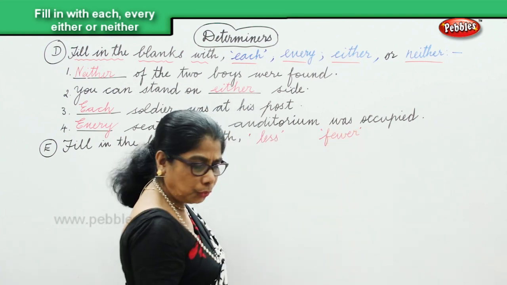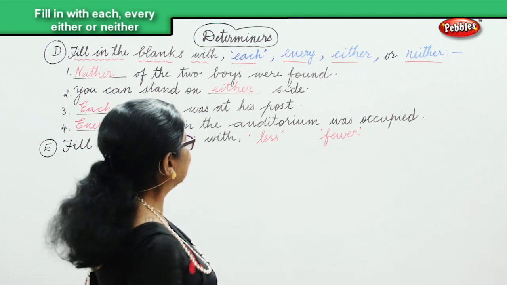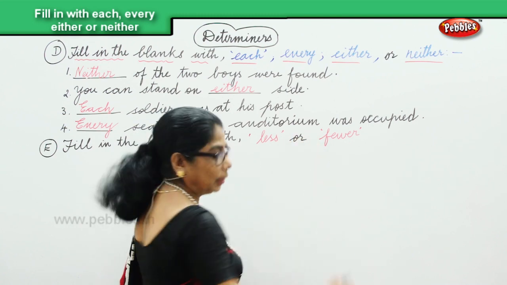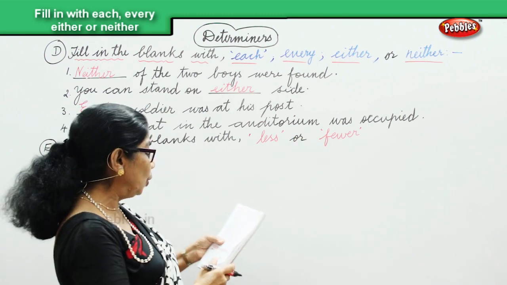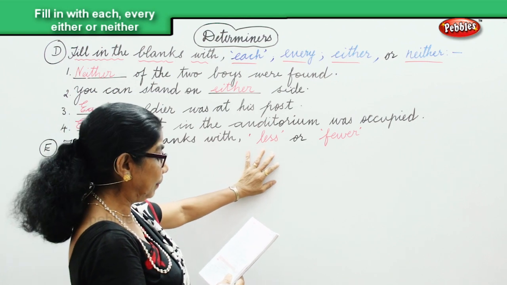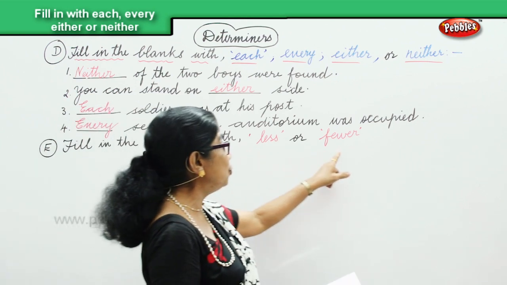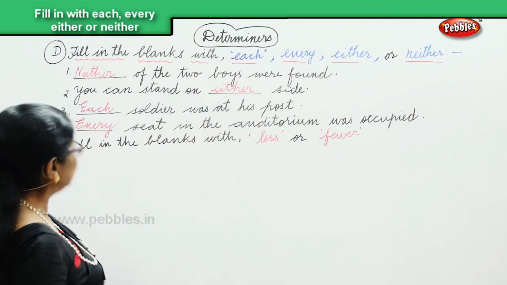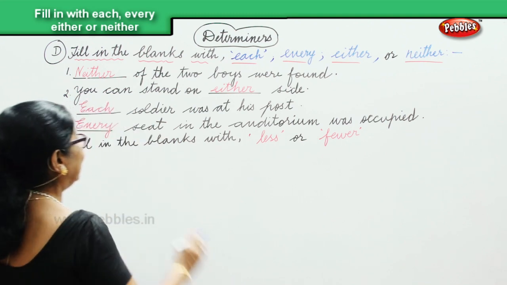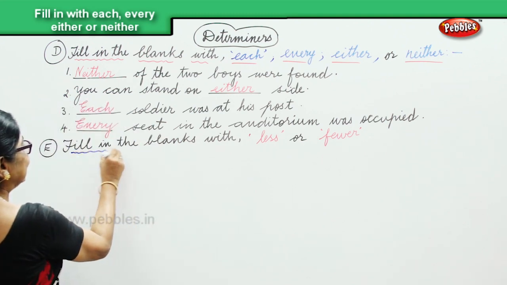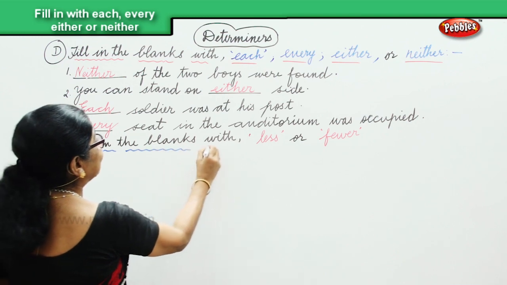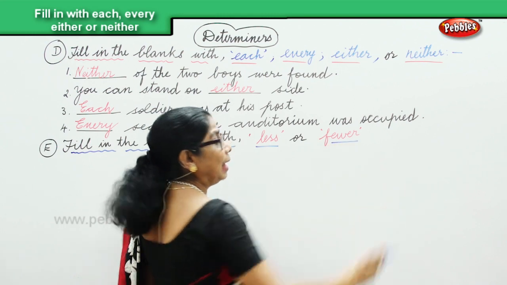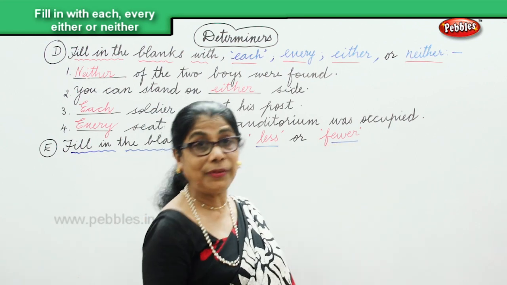Two determiners, less or fewer. When you say less, we mean quantity. And when we say fewer, we mean number. Now I have some sentences here. We are going to fill in the blanks with less or fewer. That's the last of the exercises, with the determiners less and fewer. And I give you a few sentences to fill in correctly.